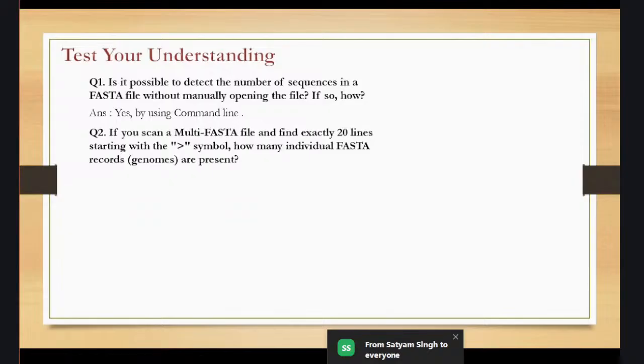The next question is: if you scan a multi-FASTA file and find exactly 20 lines starting with the greater than symbol, how many individual FASTA records are present? There is a multi-FASTA file and you know that there are 20 greater than signs.